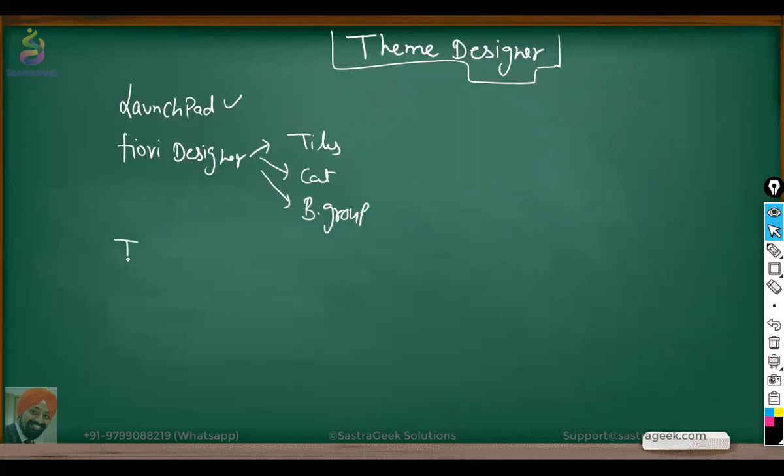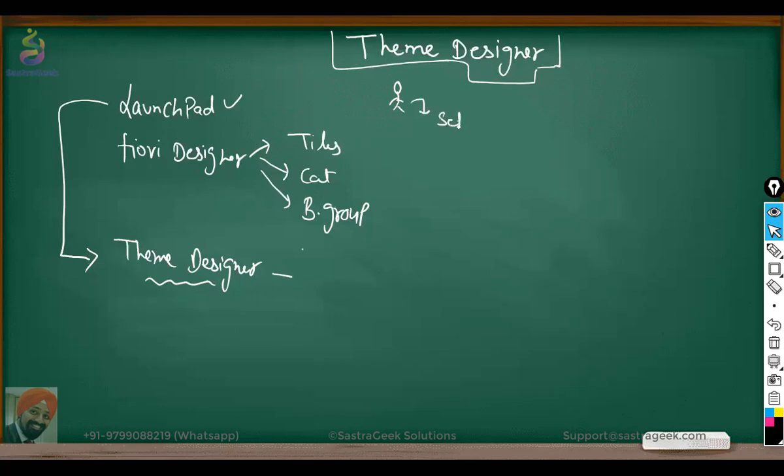Now the next thing which SAP provides is a theme designer. With the theme designer, you would be able to change the Launchpad themes. When we went into the Launchpad, we saw under the user icon there are settings, right? And under the settings, we have multiple SAP standard themes.